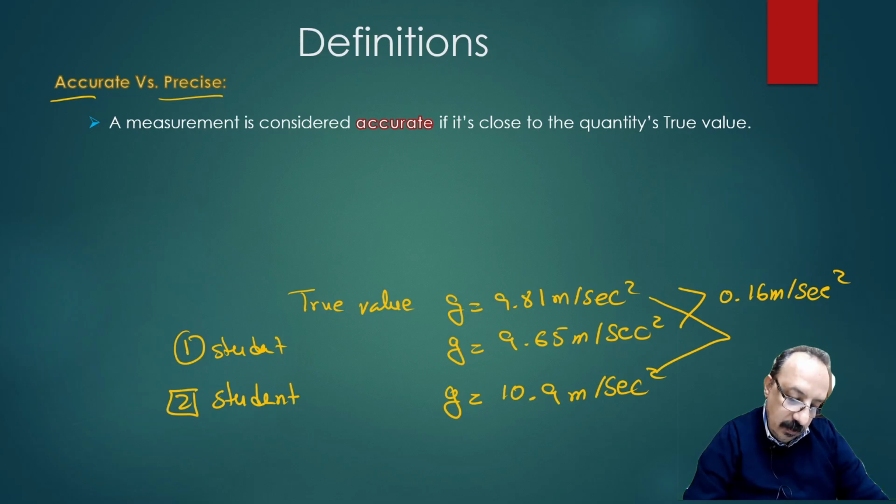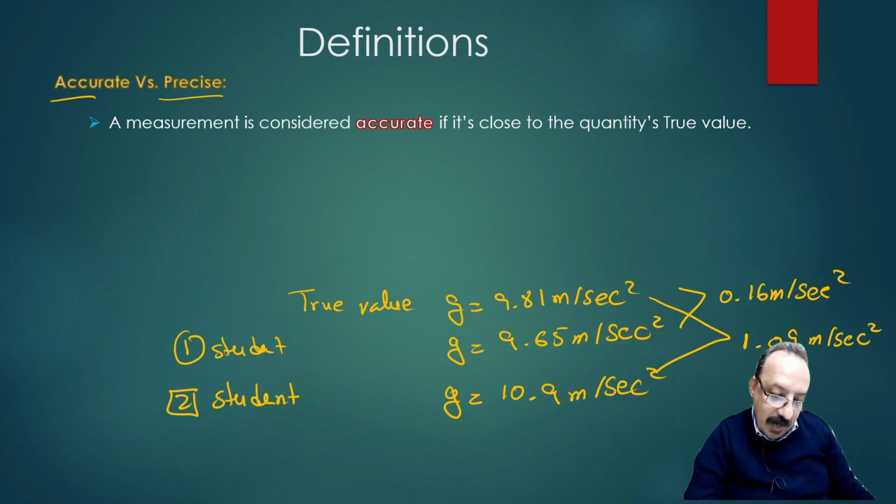Oh no, 1.09 meter per second square. Okay, this is the difference between student number two's measured value and the true value, and 0.116 is the difference between student number one and the true value.